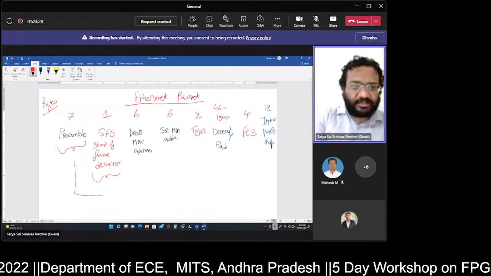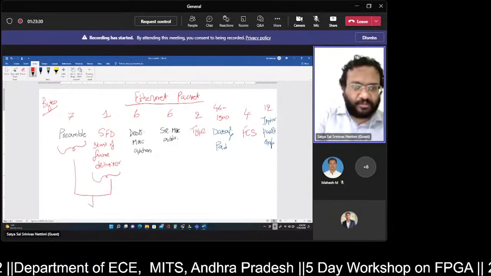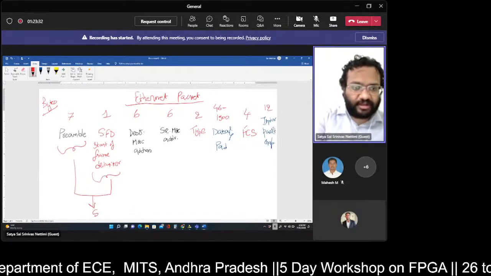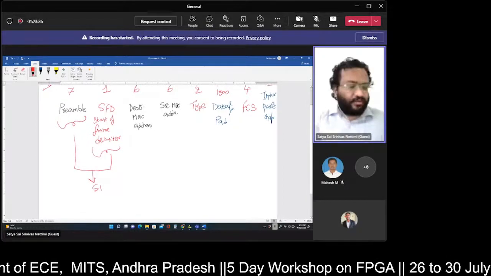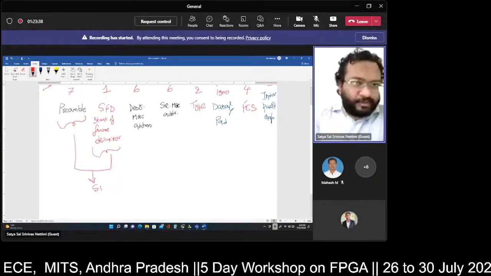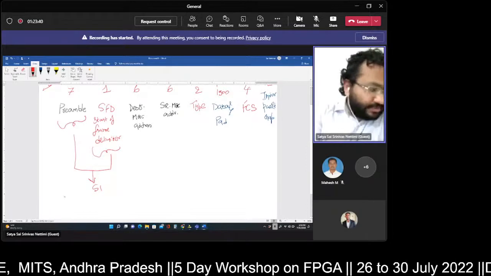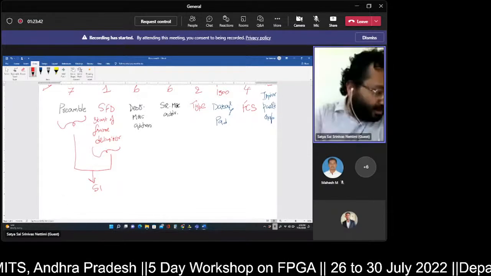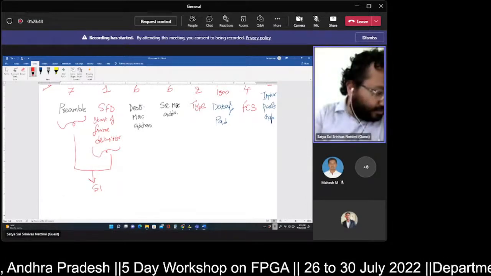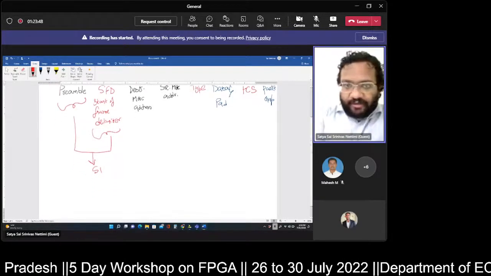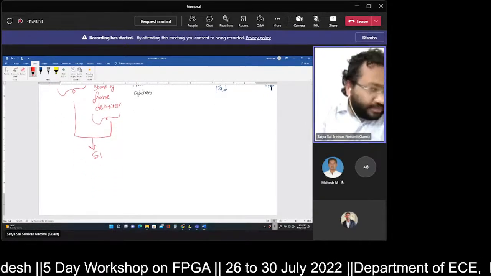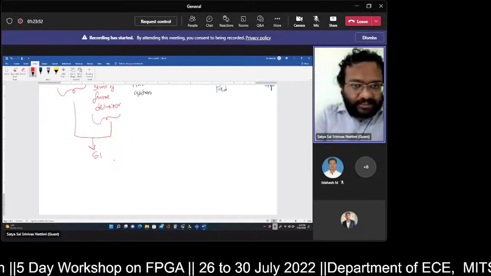What I did is I included these two together in the S1 state. How I calculated it is, the preamble is 7 bytes and the SFD is 1 byte, so total 8 bytes. There is a specific format for the preamble, so we'll go into some theory.